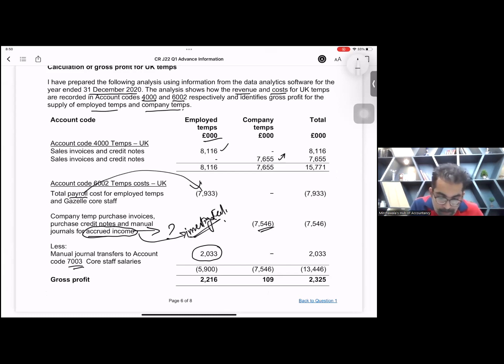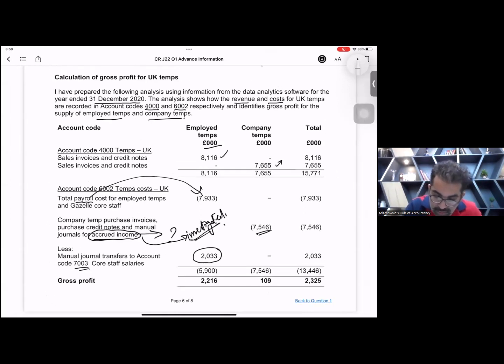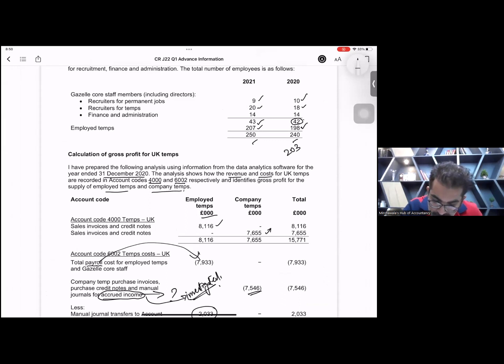I repeat, manual journal transfers to account code 7003 core staff salaries. Core staff means our own staff, not temporary staff. So our own staff is 2,033,000. And this data relates to last year, 31st December 2020.